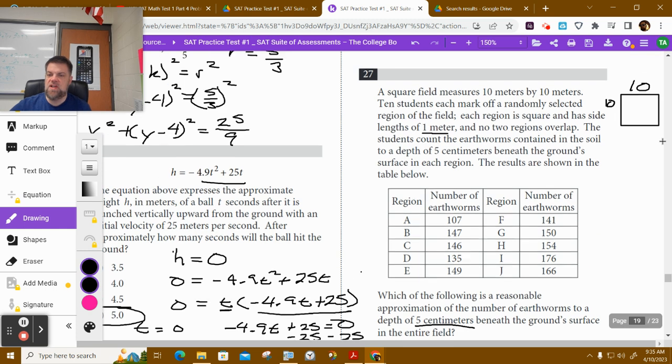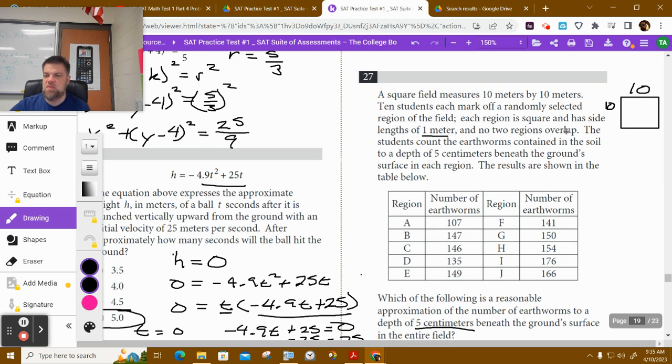So one thing that we could do, first of all, if it's 10 by 10 meters, that means this whole thing is 100 square meters, right? 100 meters squared. And then it says each region was a square that has a side length of 1 meter. So each little sample was 1 by 1 meter, which is 1 meter squared.